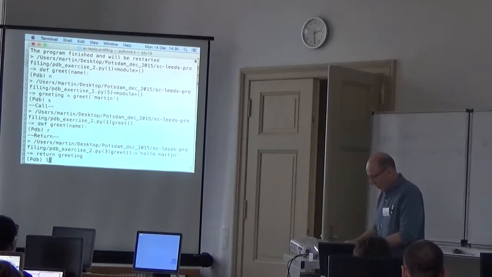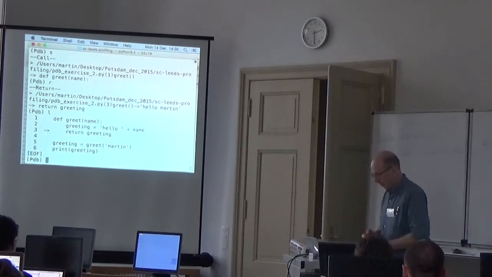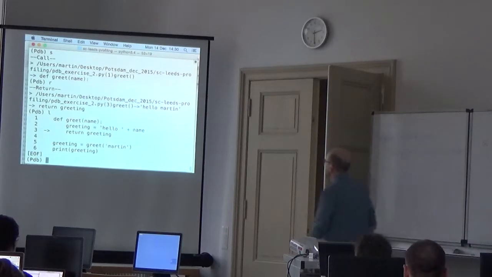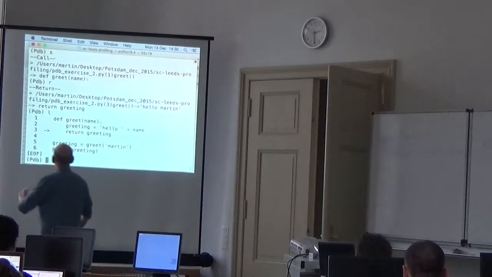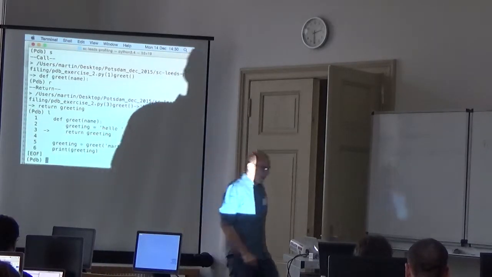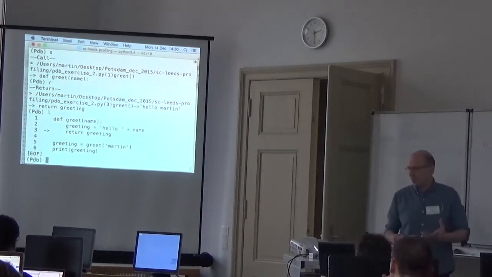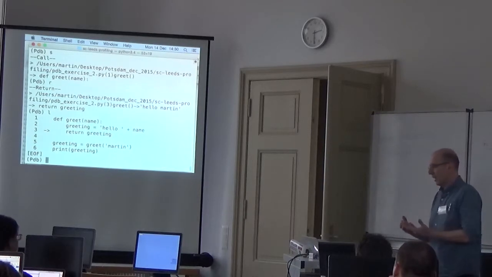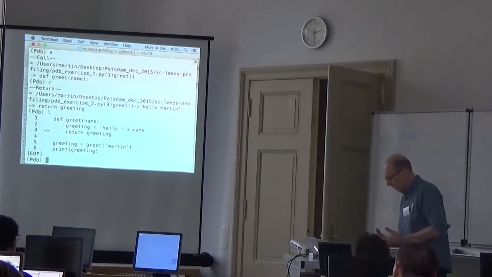And as a quick sanity check, let's do an l to list where we are. And you can see it's taken us to the point where that return is going to happen. So we didn't step through and execute the greeting line, we went straight to the return using r. So r is a really useful command to check to see whether a function is about to return the value that we intend.